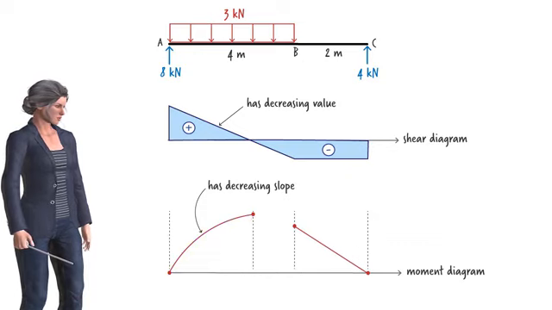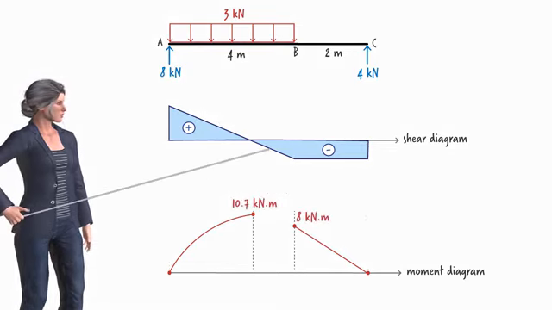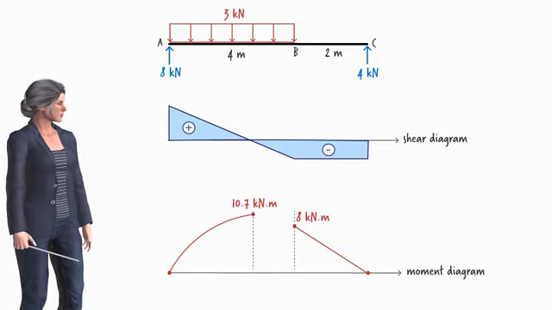Hence, this is the correct curve. And given that shear is decreasing here, going from 0 to a large negative value, then the moment diagram must have a decreasing slope, like this. Here is the complete moment diagram for the beam.